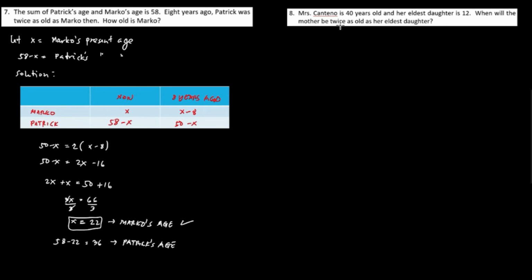Example number 8. Mrs. Canteno is 40 years old and her eldest daughter is 12. When will the mother be twice as old as her eldest daughter?